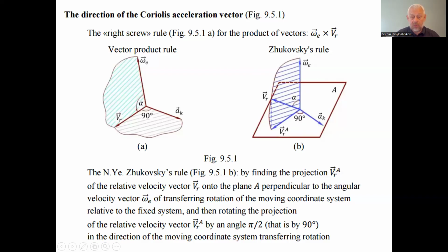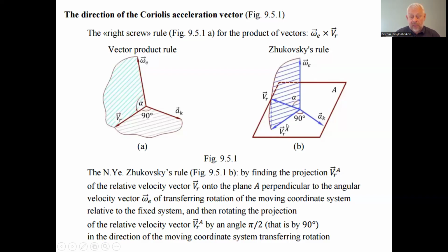Having this projection, we rotate it on the plane perpendicular to the vector of the transfer angular velocity. We rotate this component of the relative translational velocity of the point by 90 degrees counterclockwise, watching towards the axis of the transfer angular velocity.